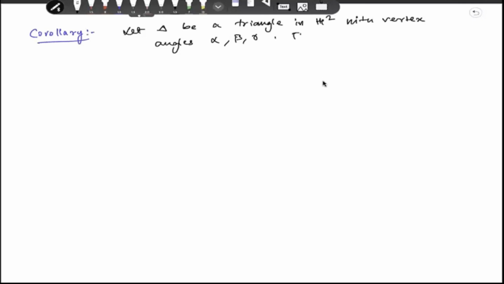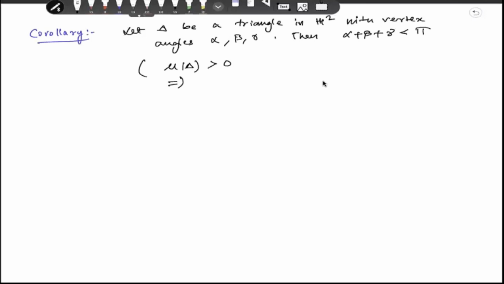So then the sum of the angles alpha plus beta plus gamma is less than pi. So this is true because this area is always greater than 0.